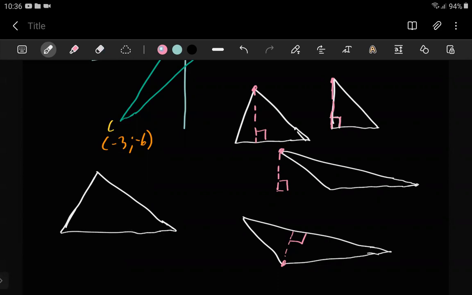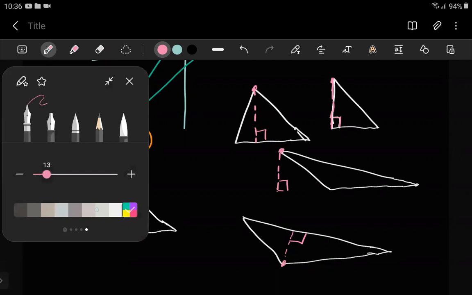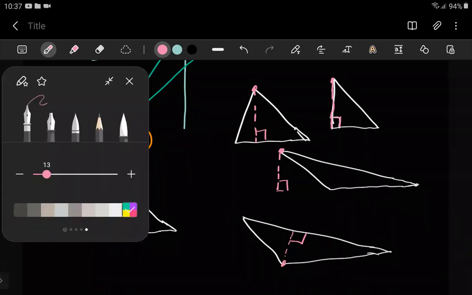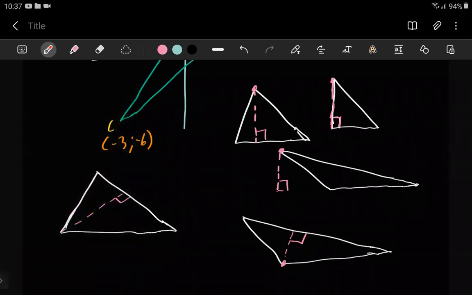So here, if you wanted, you could look at this as the apex, and then this would be your perpendicular height. It's all up to you. But wherever it's going, the line it's perpendicular to, you need to consider as your base. So in red here, this would be your base.